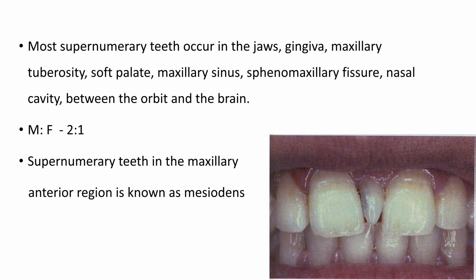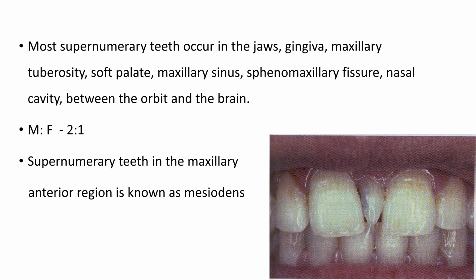Examples have been reported in the gingiva, maxillary tuberosity, soft palate, maxillary sinus, spinomaxillary fissure, nasal cavity, and between the orbit and the brain. There is a male predominance of supernumerary teeth, at a ratio of around 2:1.